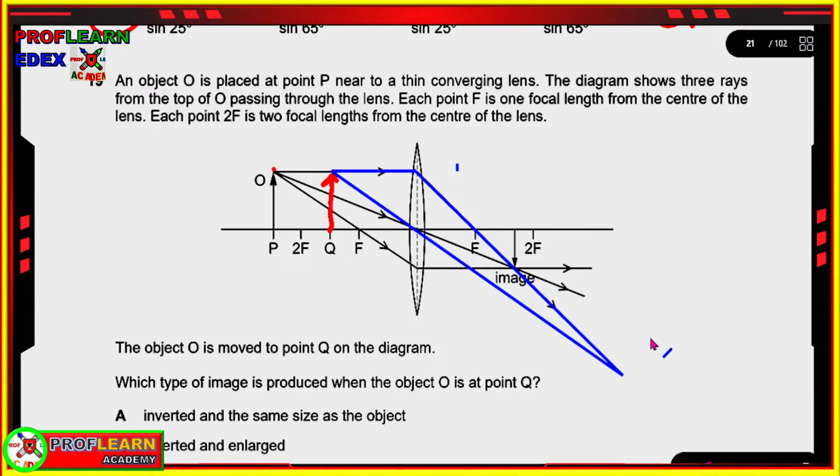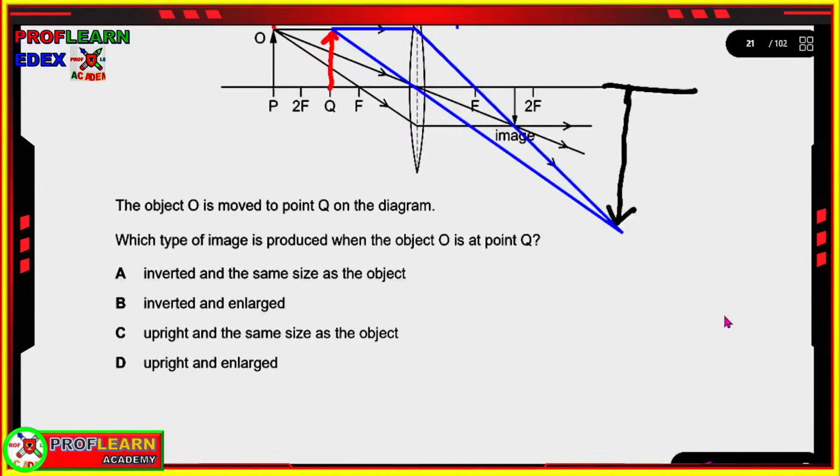So you can see the two rays are meeting somewhere here, and then we can say our image will be formed here.